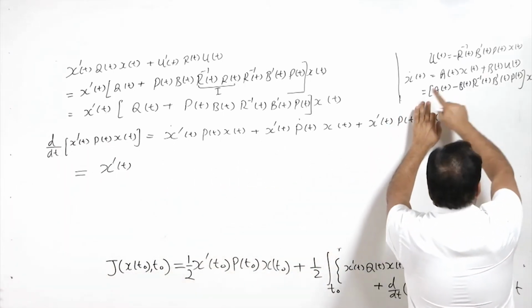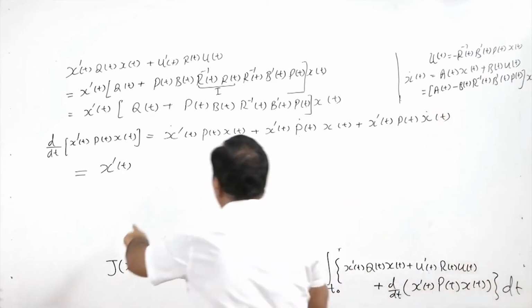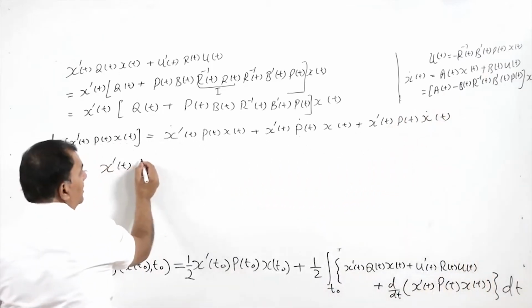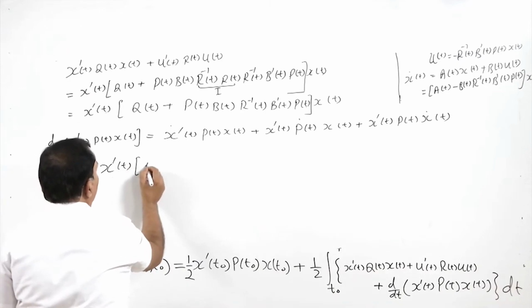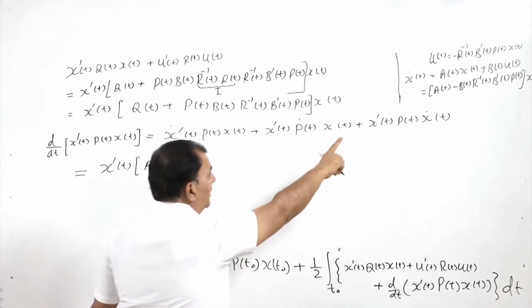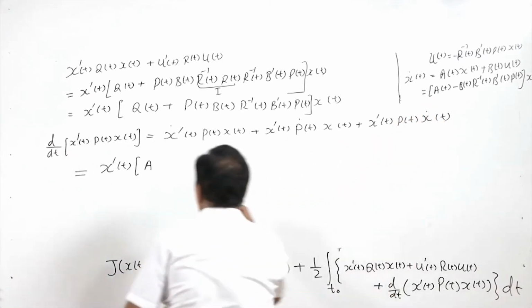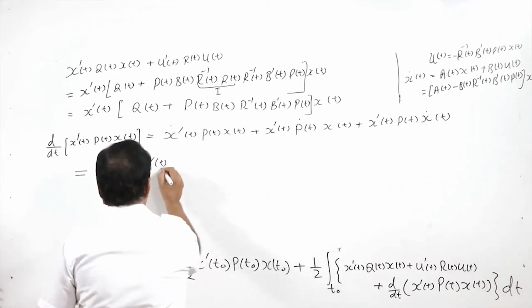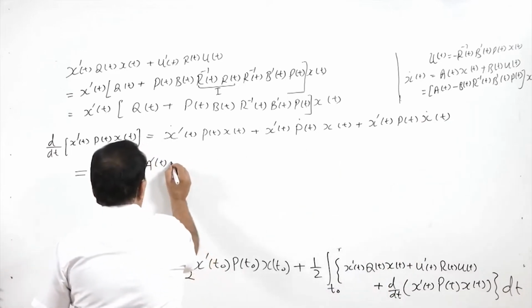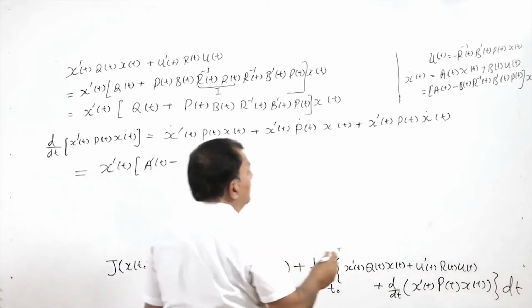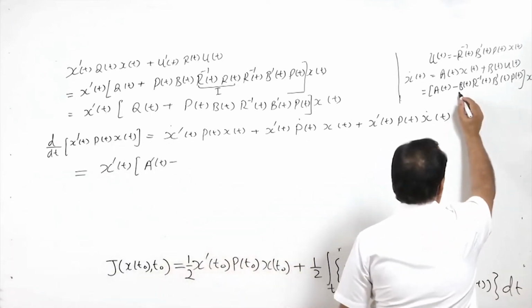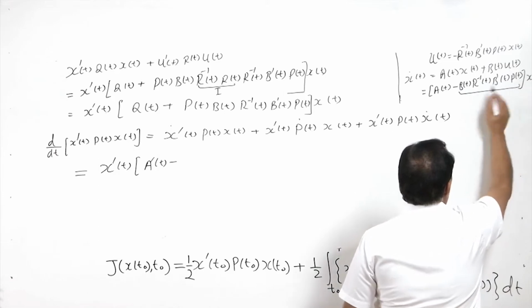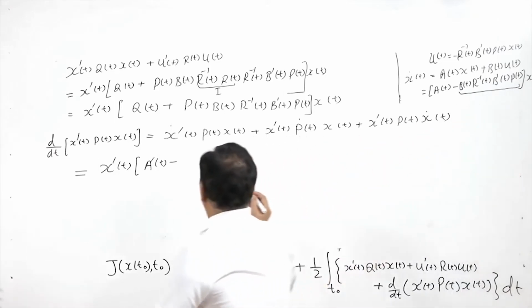This whole term means x transpose of t multiplied with the transpose of the second term, and the transpose of this term is A transpose t minus the transpose of the other term.